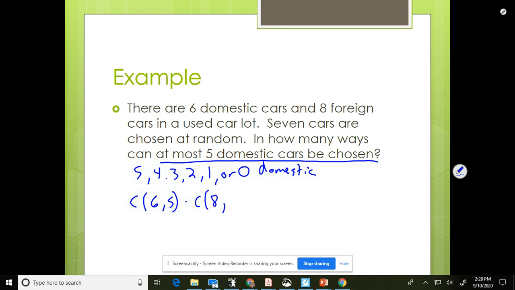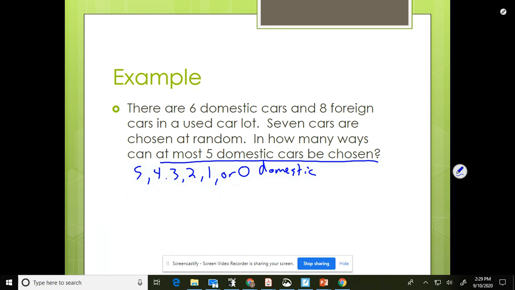So if I pick 5 domestic, I would be picking 2 foreign. Okay, to get my 7 total. And I would have to keep going like that. So this would be for the 5 domestic, and then for 4 domestic, that would be 3 foreign. We'd have to do it all the way down. It takes forever, and then there's tons of calculations. So, think of an easier way to do that.